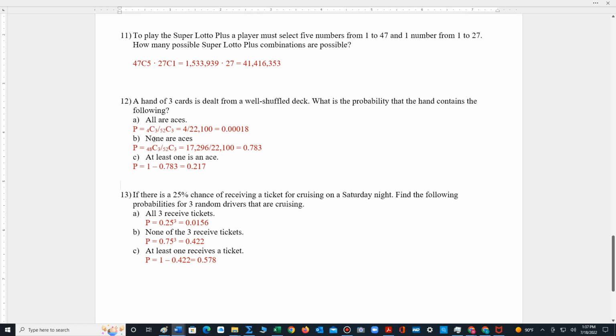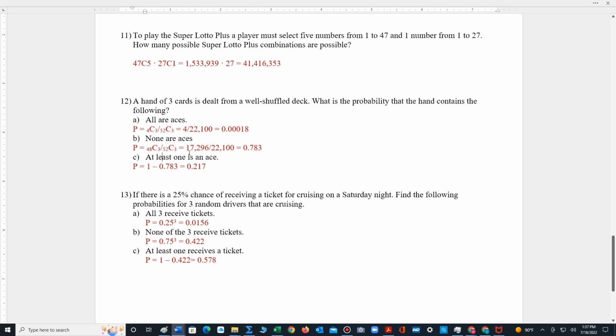For B, it's saying none are aces. Well, all the cards that are not aces, remember there's 52 cards, there's 4 aces. 52 minus 4 is 48 cards that are not aces. And we choose 3. That's our numerator. The denominator is still 52, choose 3.